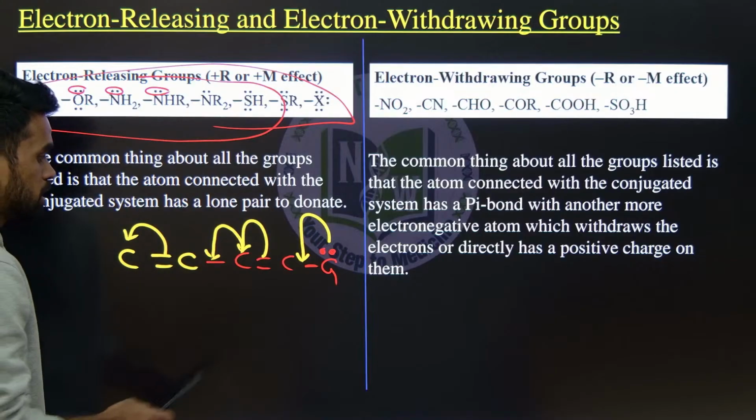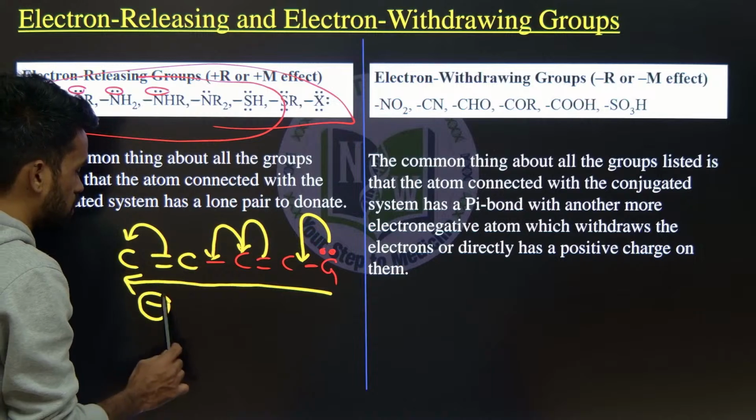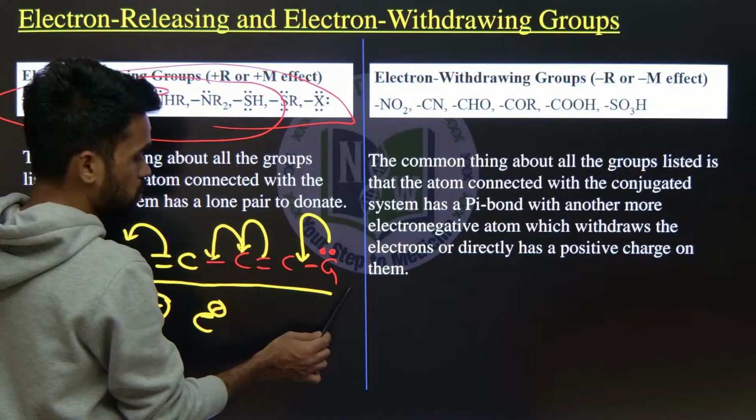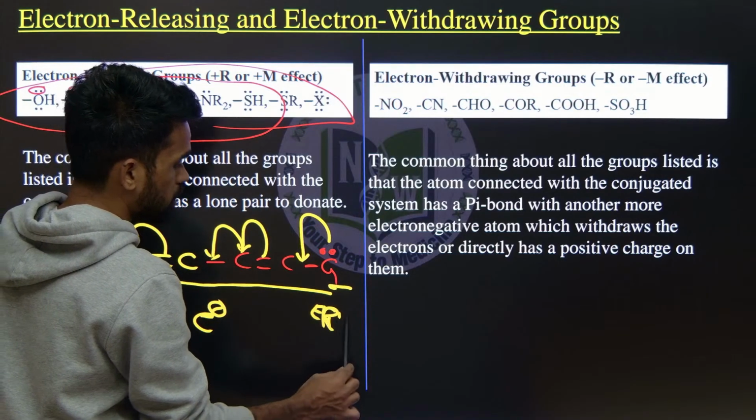So now what you are seeing in this carbon chain is that you are releasing electrons. So this group G is called an electron releasing group.